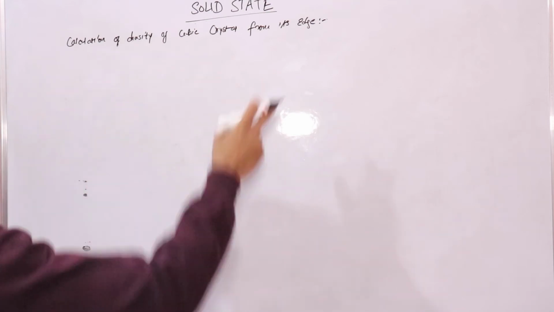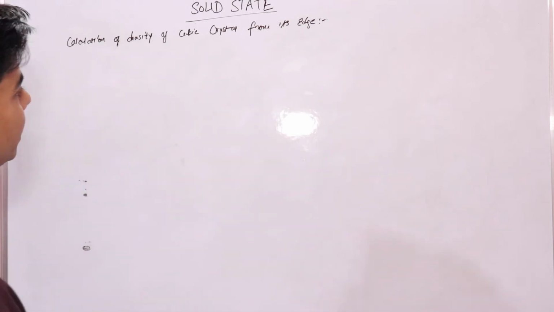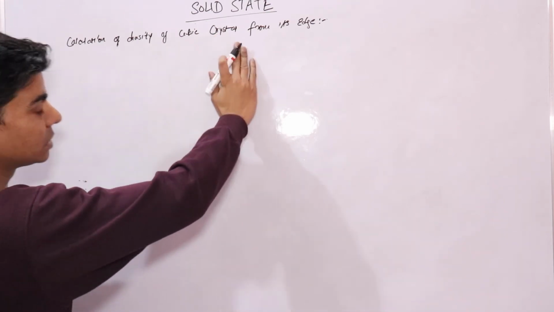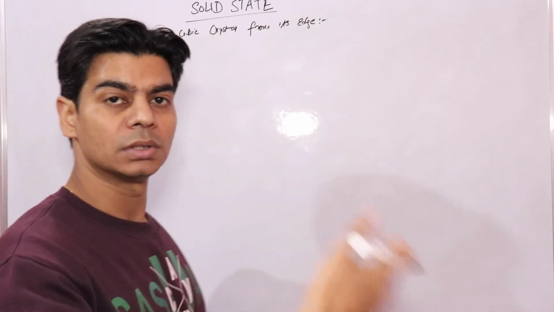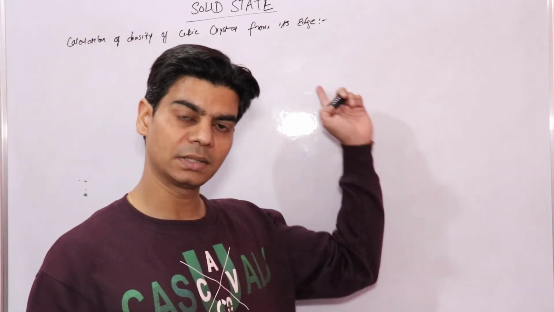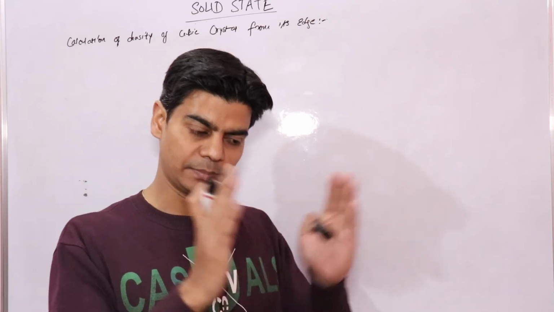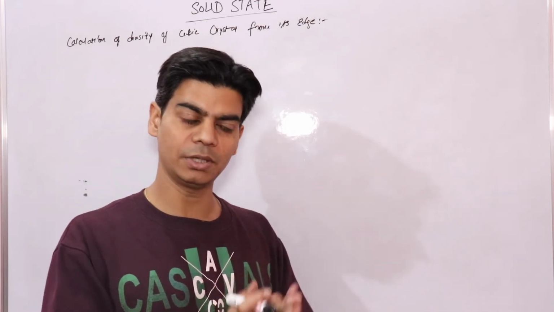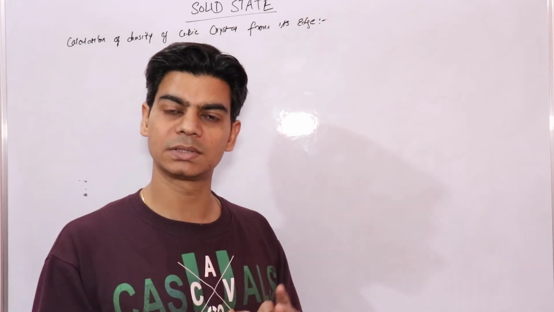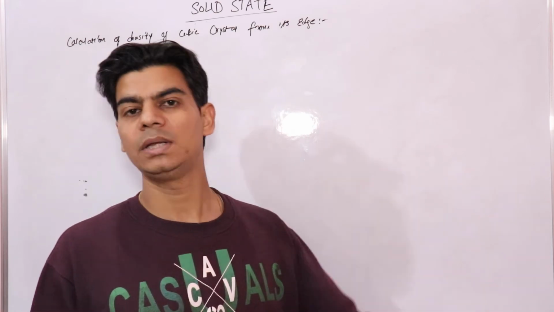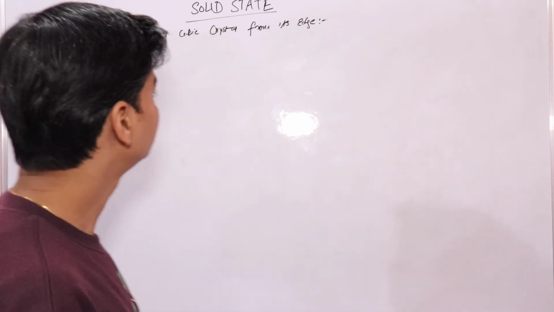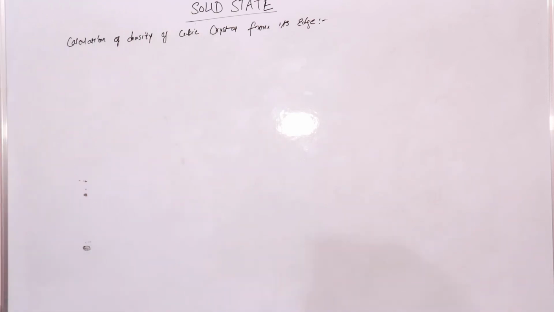So here we are trying to calculate the density of a cubic crystal system, and if we know the type of structure that this cubic crystal has, we would be able to find the density, because knowing the type of cubic crystal system, we will know how many particles are there in the cubic crystal system, right?